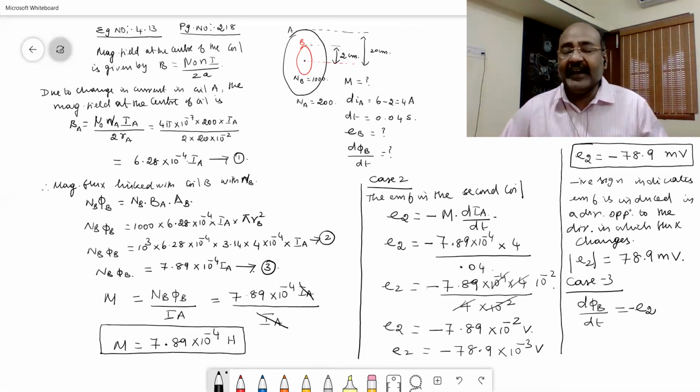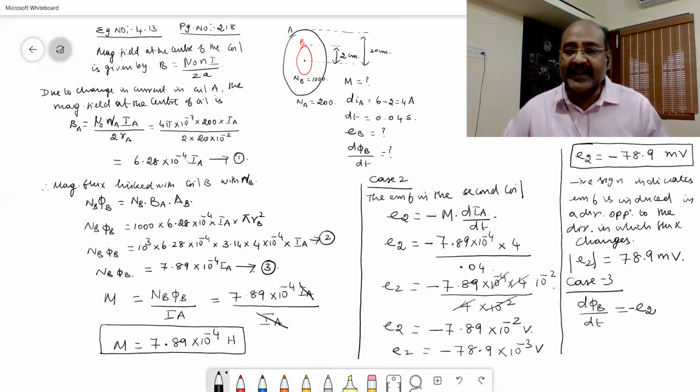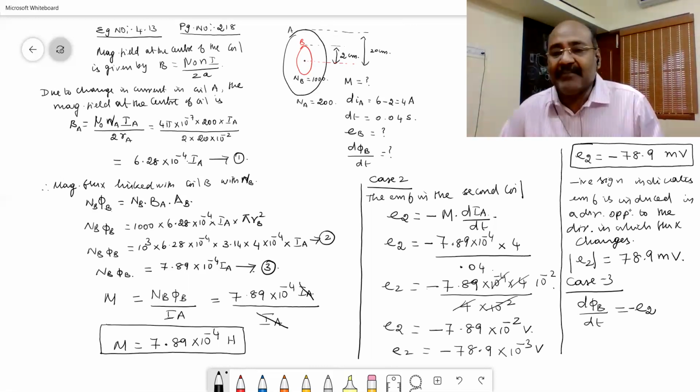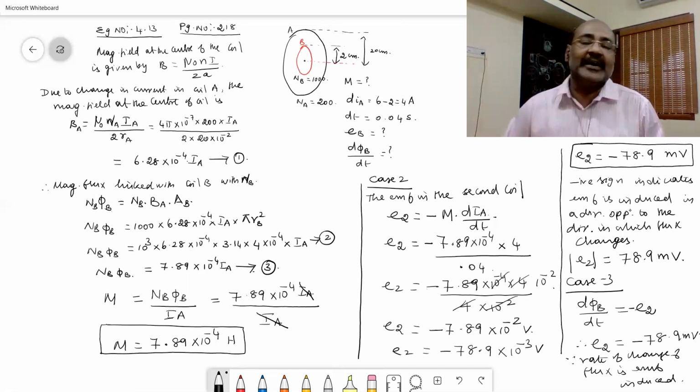If you want to give it in terms of direction, according to Lenz's law, if you are getting it as minus, then this rate of change of flux is nothing but the EMF induced. Therefore, the EMF induced E2 is the same value, that is minus of 78.9 millivolt. Since the rate of change of flux is the EMF induced, you get the same answer.